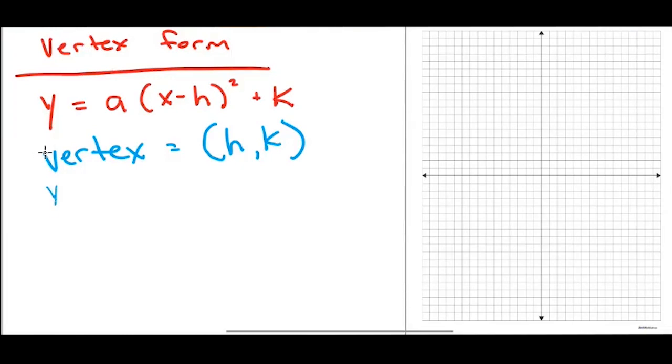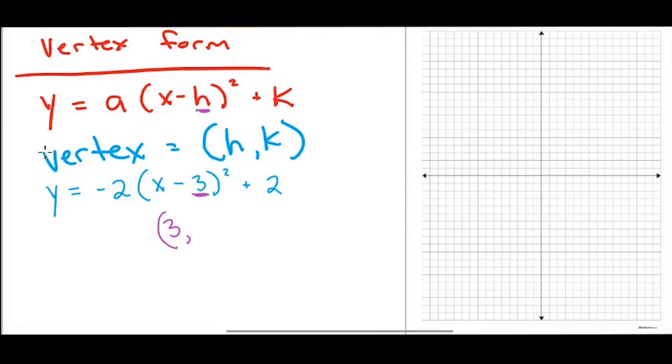So let's say I have y equals -2 times x minus 3 squared plus 2. Well, I'm looking for h. So h is right here. So that would be 3. So 3 is the x coordinate of the vertex.